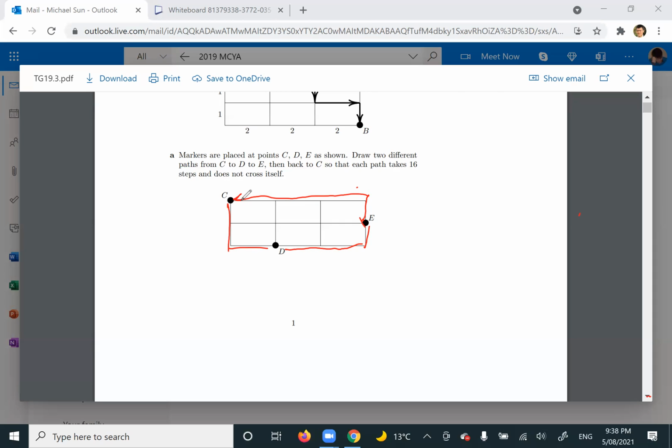So what are you thinking about? So what does the path takes 16 mean? Well, you forgot because we did that just before. Oh yeah, because it takes 16 steps. So does this path take 16 or not? Yes, it does. Why?